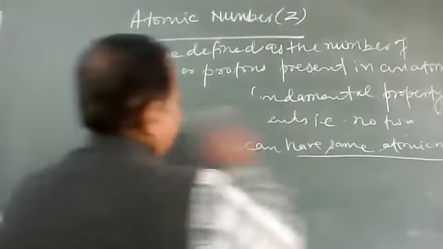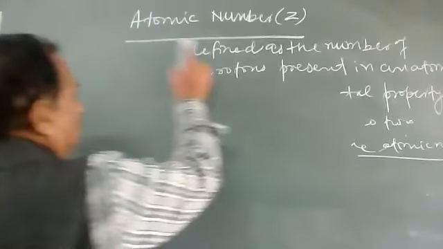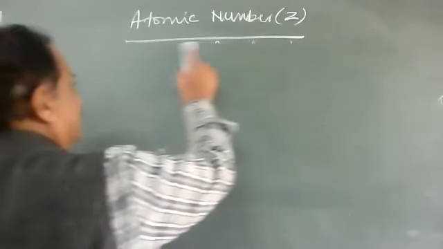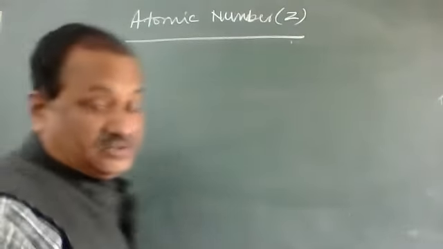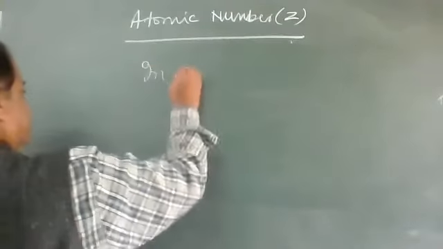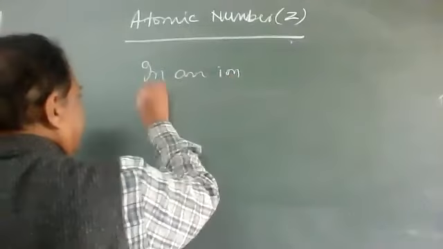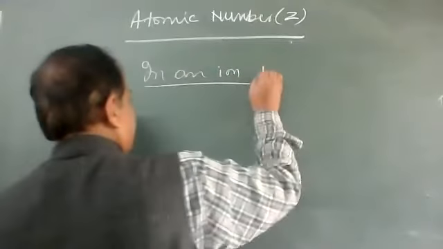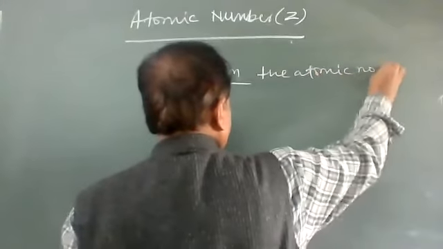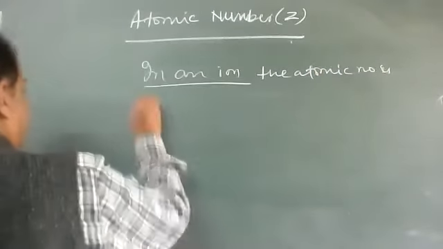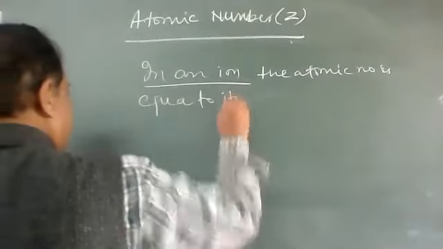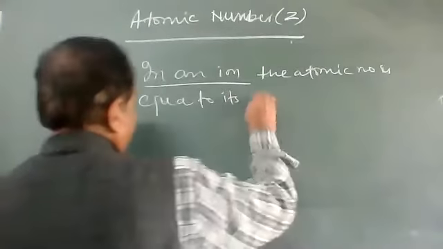Now coming to an ion. In the case of ions also, we take the electrons. So this is a very important point. In an ion, the atomic number is equal to its electrons.